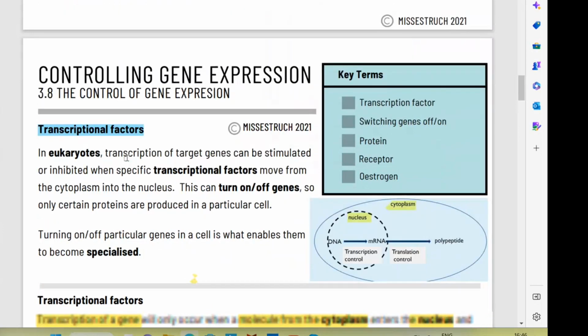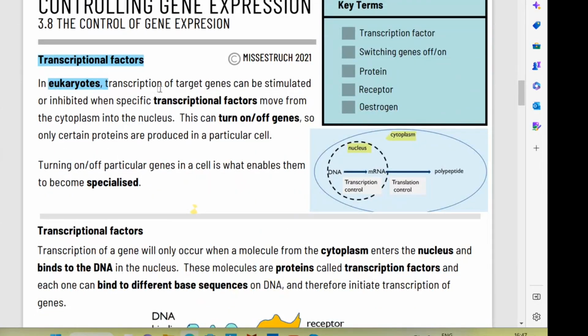Transcriptional factors. In eukaryotes, transcription of target genes can be stimulated or inhibited when specific transcriptional factors move from the cytoplasm into the nucleus, right? So this can turn on or off genes.